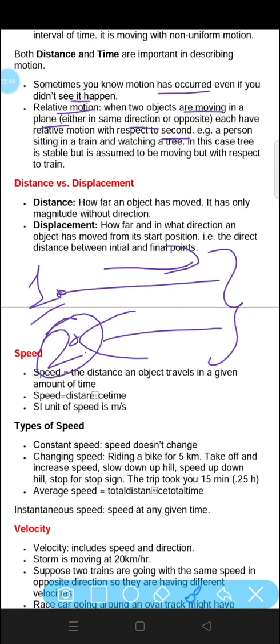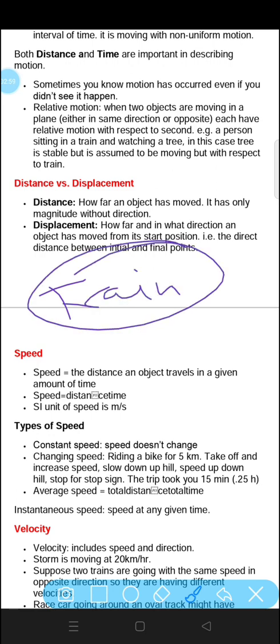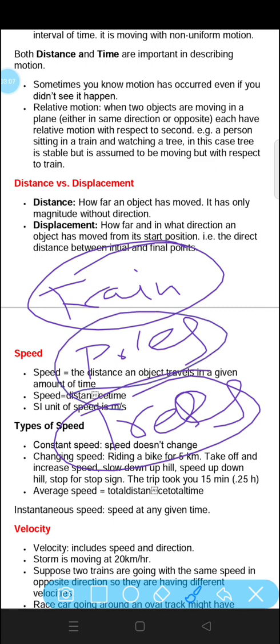In this case, the tree is stable but is assumed to be moving with respect to the train. Whenever we travel with a train, what will we see? We will see known things like poles or trees. While we are sitting inside the train, we assume that trees and poles are moving.